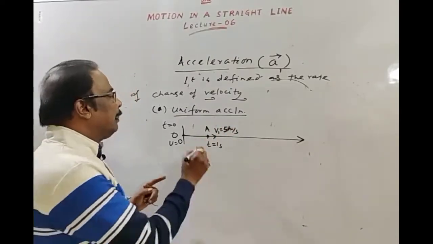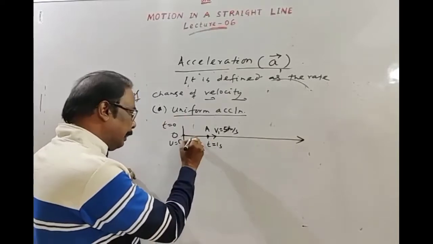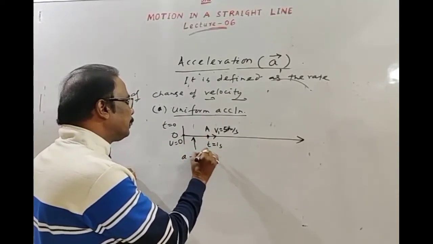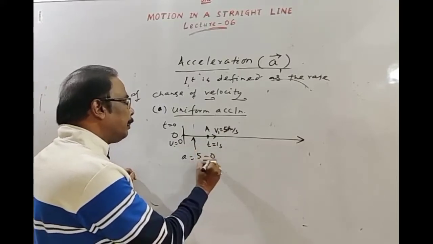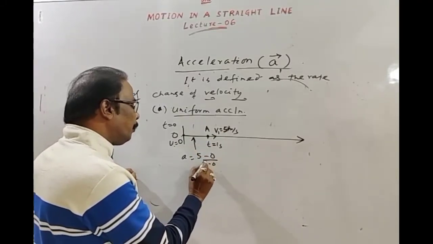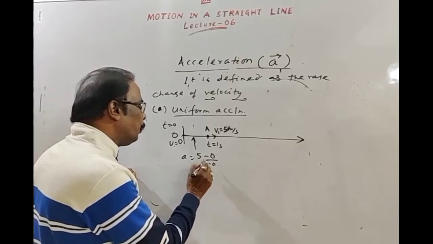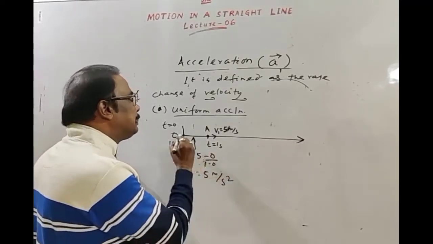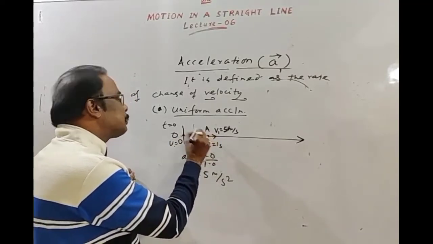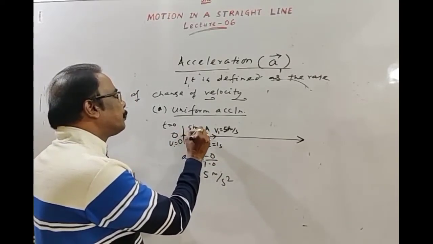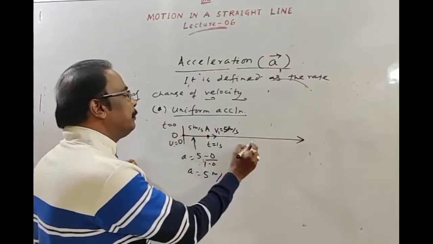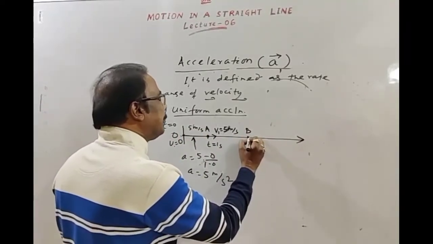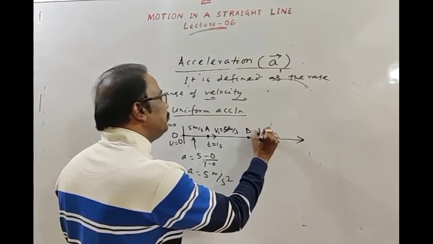Then from O to A, acceleration is change in velocity 5 meter per second, initial velocity 0, divided by change in time, 1 minus 0. So acceleration is 5 meter per second square. It means velocity changes by 5 meter per second from O to A. Similarly, suppose this is position B, and here the velocity of the body becomes V2.